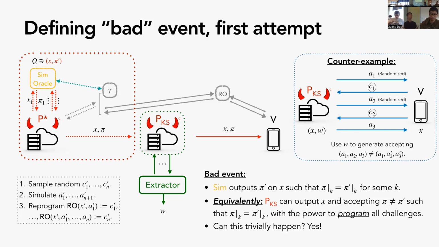The way to do that is to act as the honest prover and generate 2 honest proofs. But in the second round, because the message is randomized, you can just create 2 different second round messages. And that leads to trivially triggering this bad event.